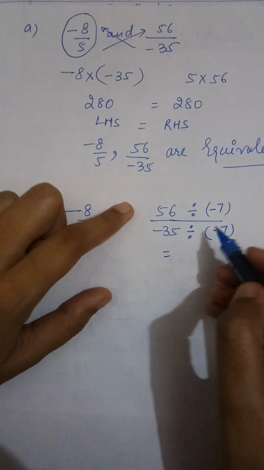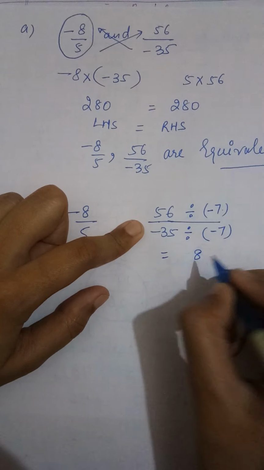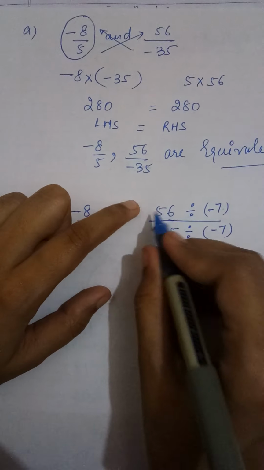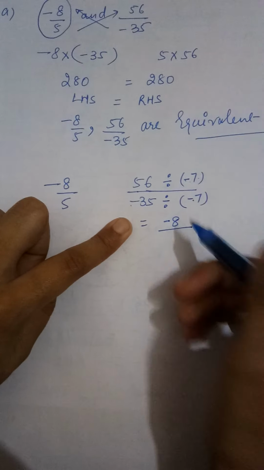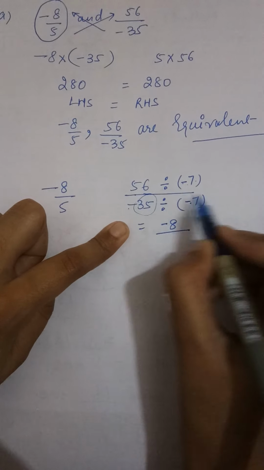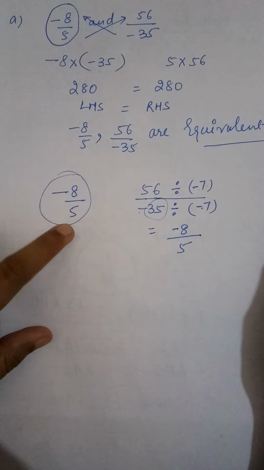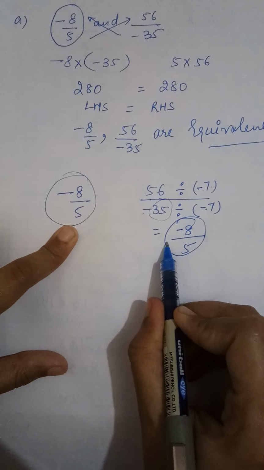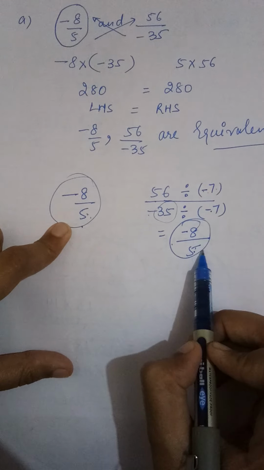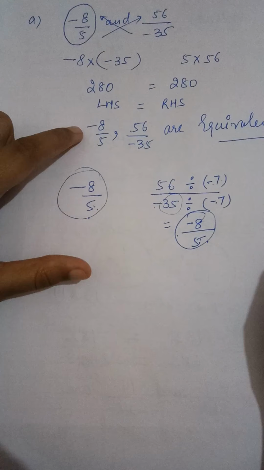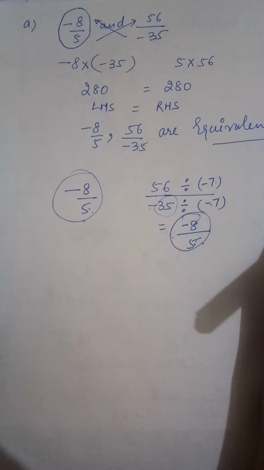Right? So now what will it be? On the table of 7, 56 will go on 8, but with a minus sign, because plus divided by minus gives minus. Divide by, what is minus minus? Plus. And 35 goes on the table of 7 on 5. Can you see? This is also minus 8 upon 5. On the right side also minus 8 upon 5. Since these two are equal, left hand side is equal to right hand side, I will say minus 8 upon 5 and 56 upon minus 35 are equivalent fractions.